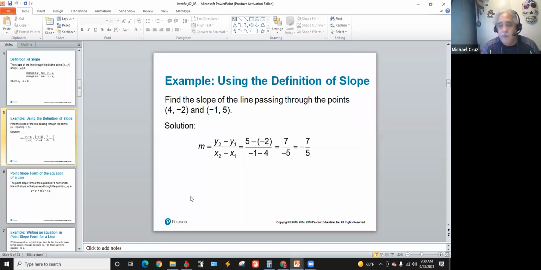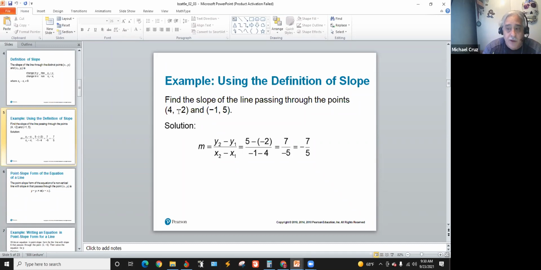Now, what I would do when I'm working these, because I have a tendency to scramble them up in my head, especially if I'm in a rush, is write down x1, y1, x2, y2, and then just fill in the blanks. So y2 is 5, in other words, the y coordinate from the second point, minus, that minus is built in.